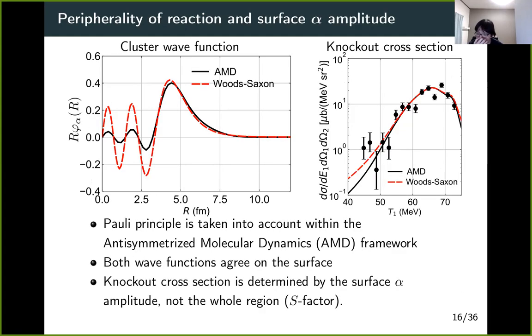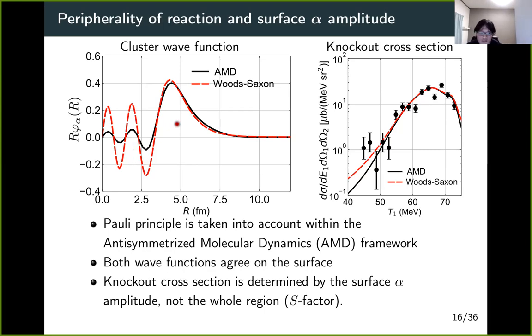So this is the Neon-20 PPR case, and why they failed to obtain a proper spectroscopic factor is that they use the cluster wave function made by solving the Woods-Saxon binding problem.